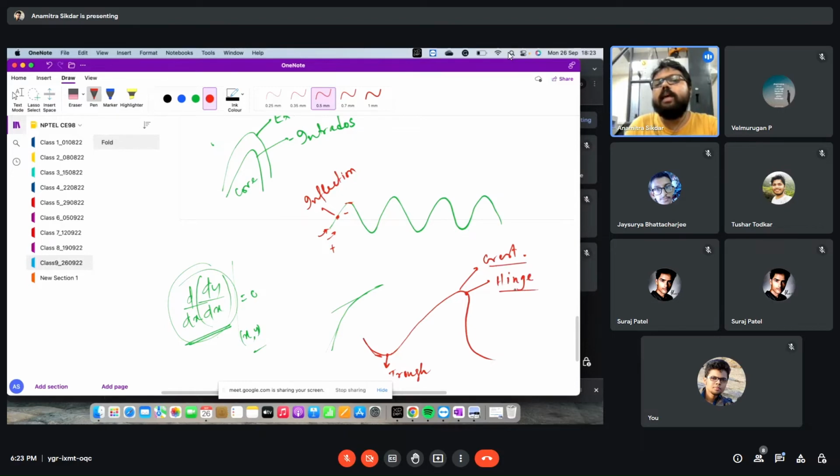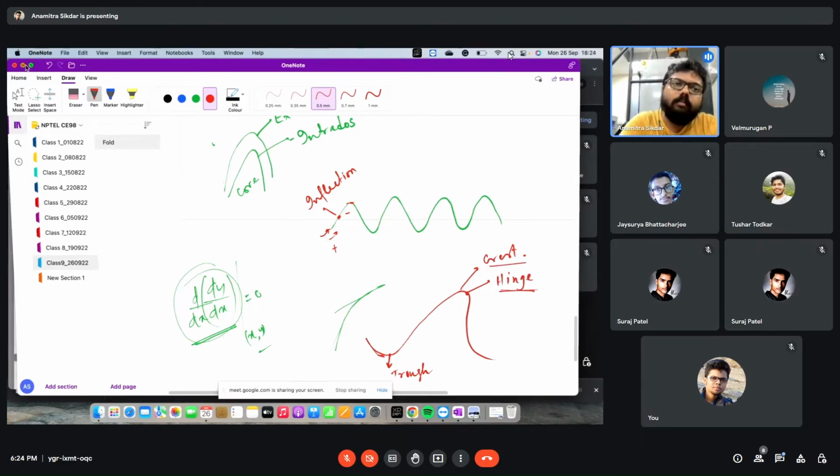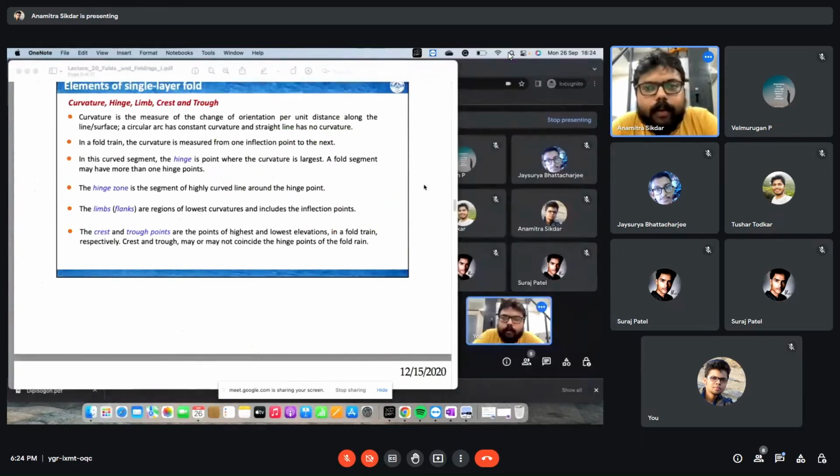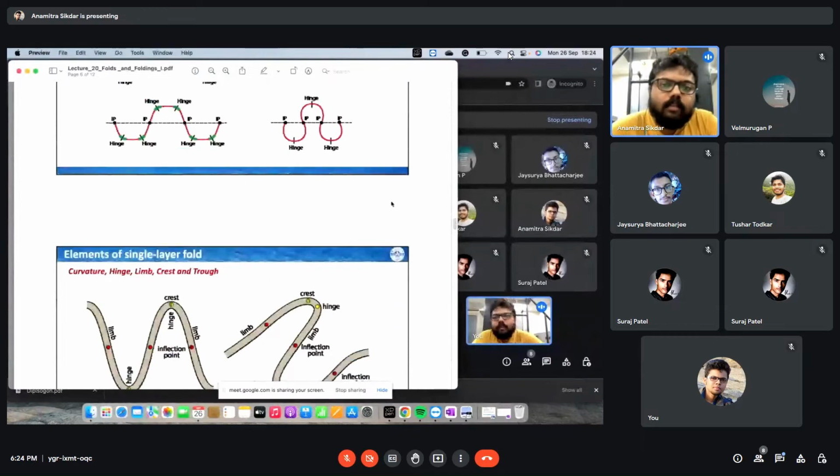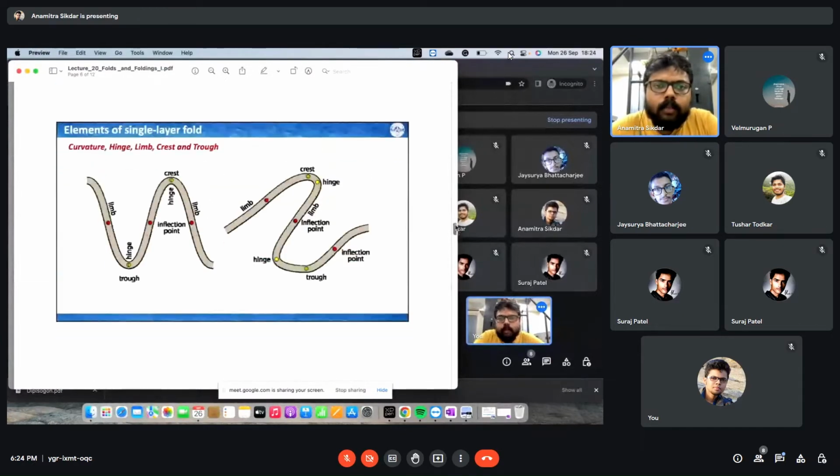So the crest and hinge might be the same point, and might not be the same point. For example, in this case, hinge and crest, these two parts of the fold, coincide. But in this case, this is the topmost part, which we call the crest, but the maximum curvature is somewhere here. We call that the hinge.